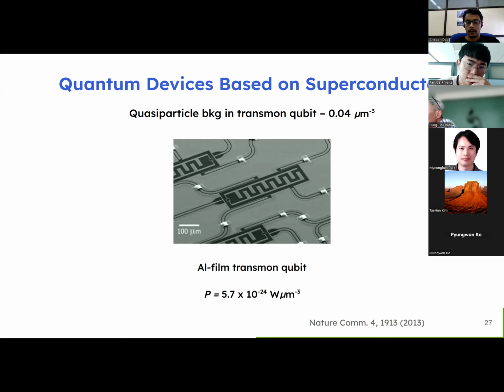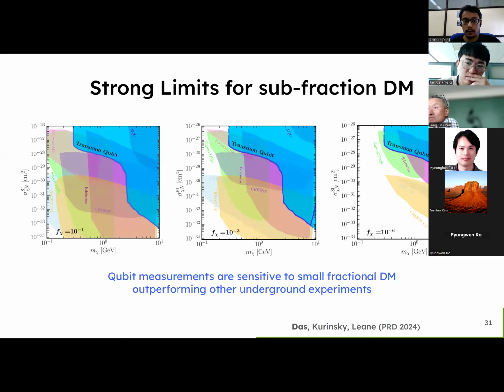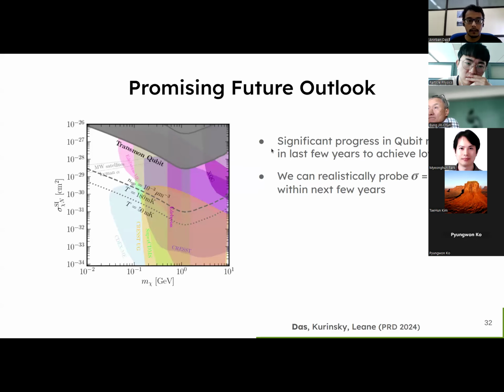Otherwise, the qubit will just break. So you are detecting at a benchmark like 100 millikelvin or 50 millikelvin, but the transmon qubit requires on the order of 1 millikelvin.